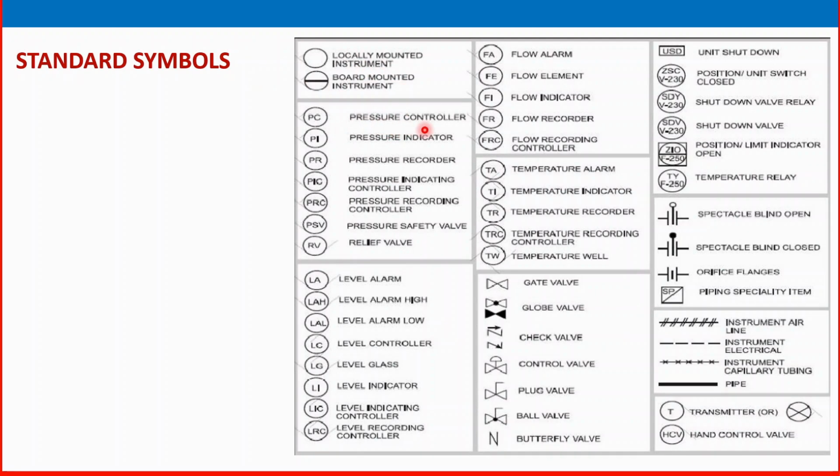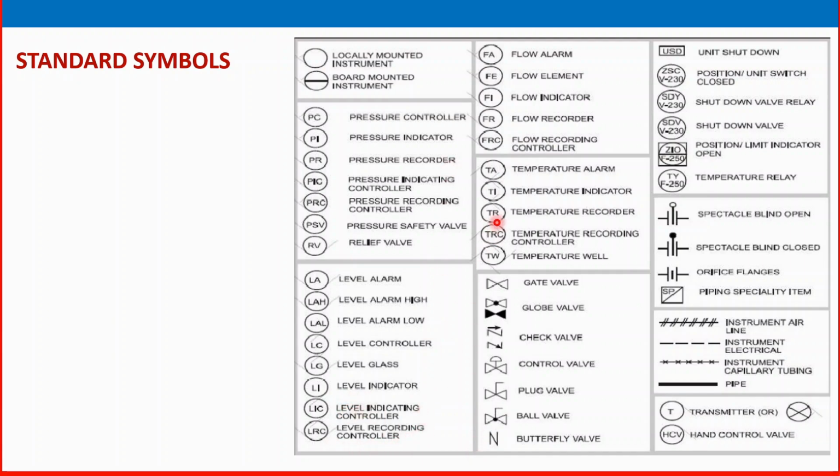So in that one, pressure controller PC, PI pressure indicator, then pressure recorder, then pressure indicating controller, pressure recording controller here. Another one is a pressure indicating controller, pressure safety valve and a relief valve. Then alarms: level alarm high, level alarm low, LAL, LAH, then LC level controller, then level glasses, then level indicating controller, level recording controller.